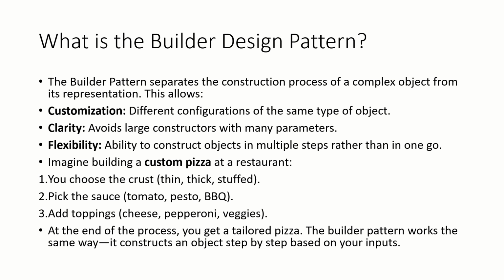Let's say you have created one DTO class, for example House. Inside that House you have four or five parameters like foundation. When you are going to construct a house object, you need parameters like foundation, structure, roof, and you can check if it has a garden or not, a garage or not. There could be so many variables inside your class.